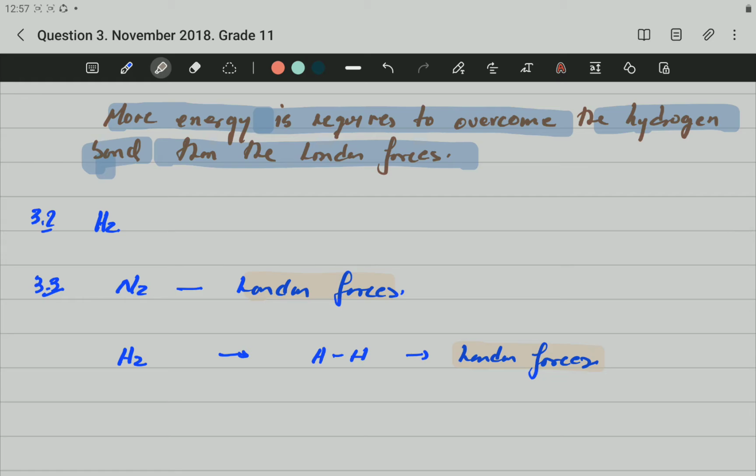So if both of them have London forces, what is the difference between nitrogen and hydrogen? The nitrogen molecule is bigger than hydrogen. N2 is a larger molecule than H2, and therefore N2 will have stronger intermolecular forces.